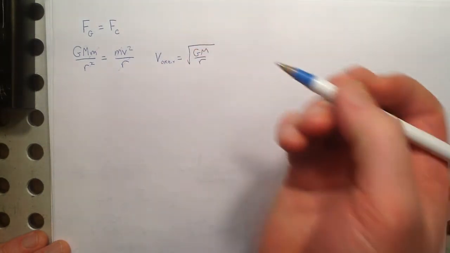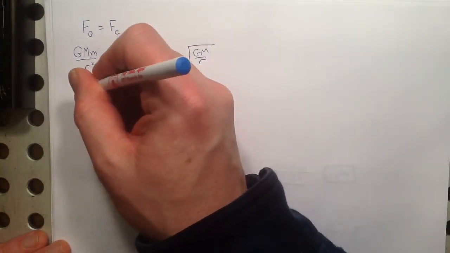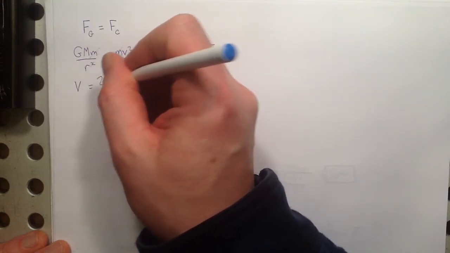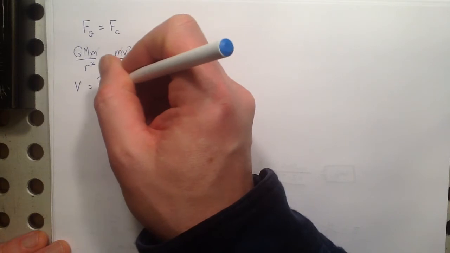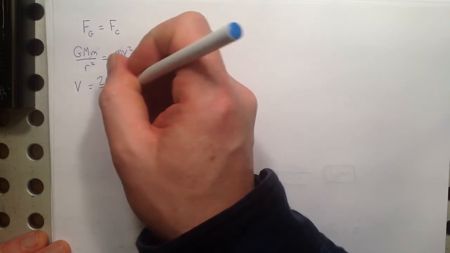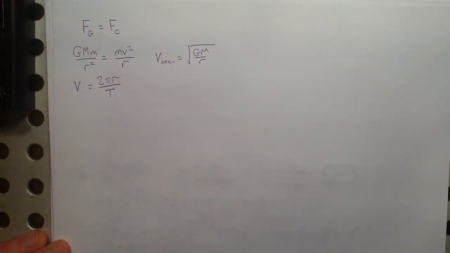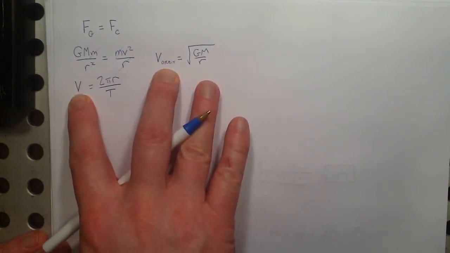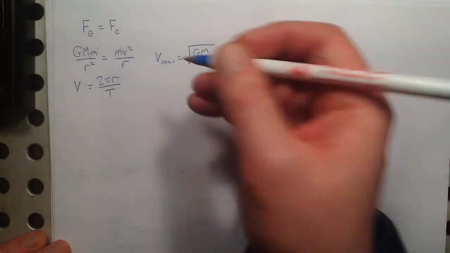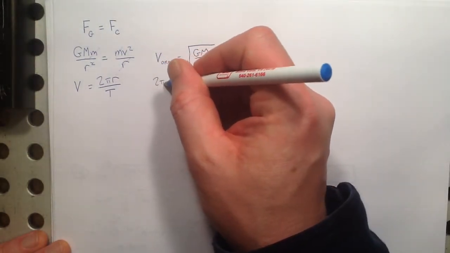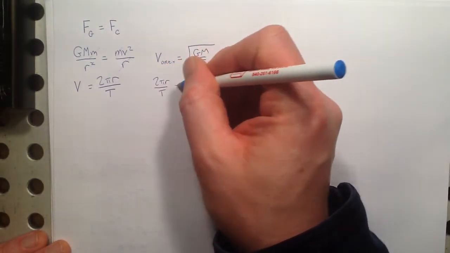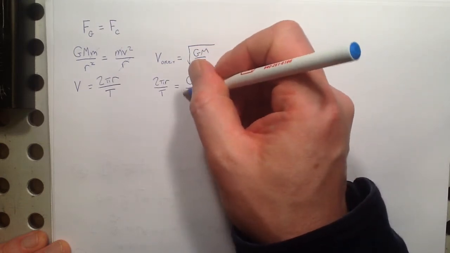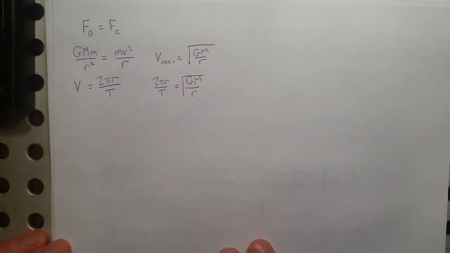Okay, so going from here, I also know the velocity of something that's moving in a circle is equal to the circumference of that circle divided by the period. And if I set these two things, those two v's that must be equal to each other for a circular orbit, I get 2 pi r over T is equal to the square root of G M over r.